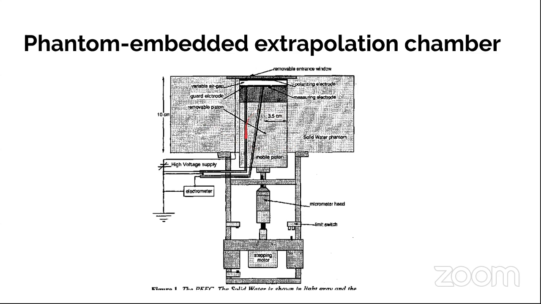We have a solid water cylinder mounted on a piston. On top, we can put a cover, solid water. And with this piston, we can move it up or down to vary the air in between this and this region. This is called an extrapolation chamber, and it's used for many different things.